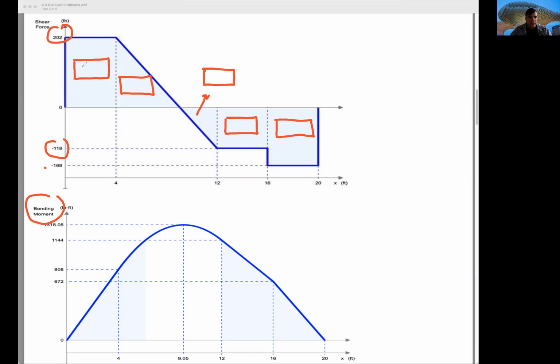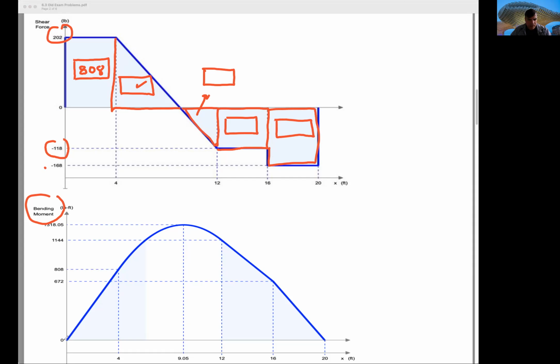Well, the first one is 808. I calculate the next one, that will be this base multiplied by 5.05. 5.05 multiplied by 202. I will do the same with this one. I will do the same to this one. That is 118 multiplied by the distance, and this multiplied by the distance. And then I plot.